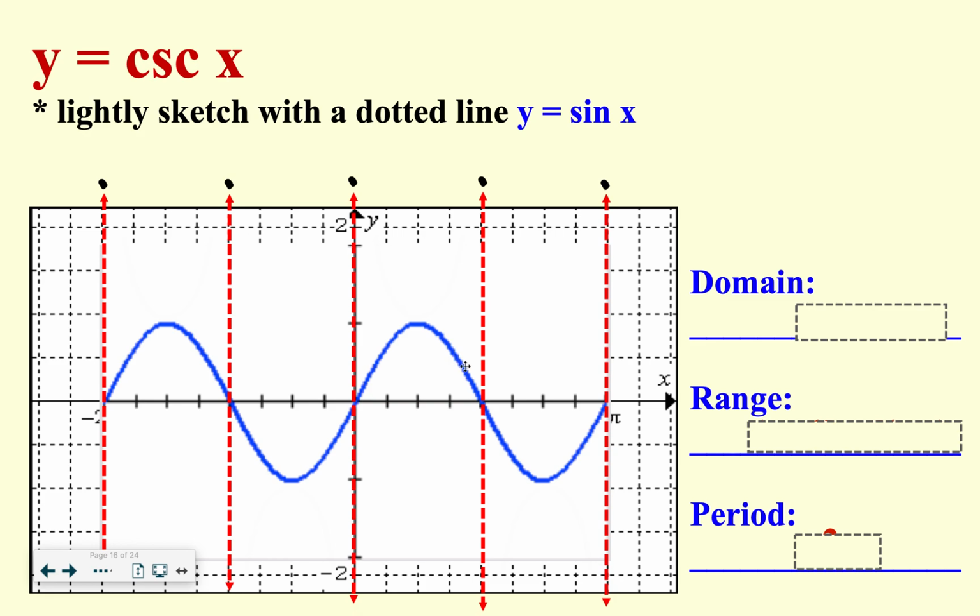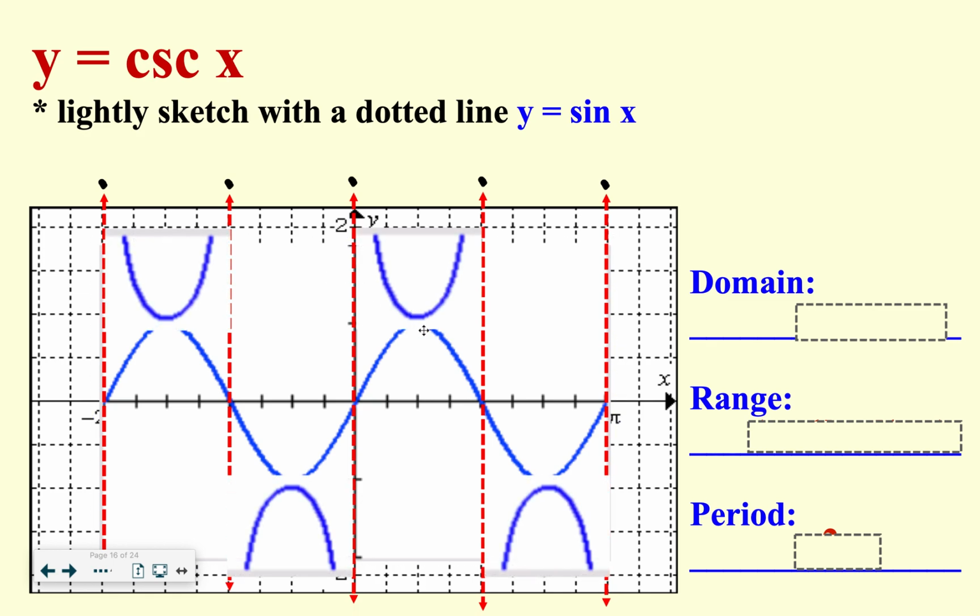If I reciprocal that, that's going to be up at 2. So basically everything here going down is going to go up. Everything here is going to reciprocal, so it's going to reverse. So you're going to have essentially a bunch of little parabola pieces in there, okay? So if I unveil these, notice where this max was, it becomes a minimum. Where this minimum on my sine wave is becomes a maximum, okay?